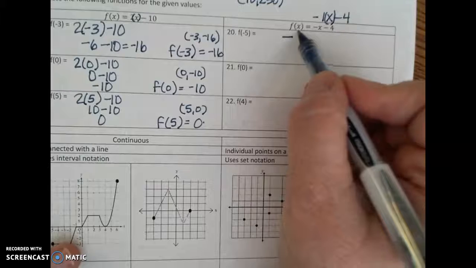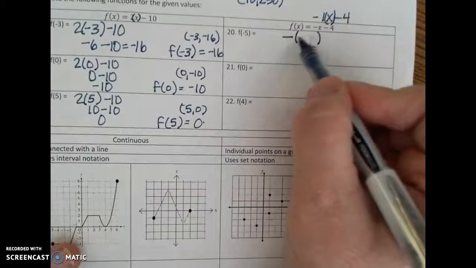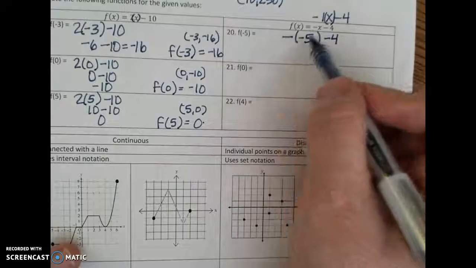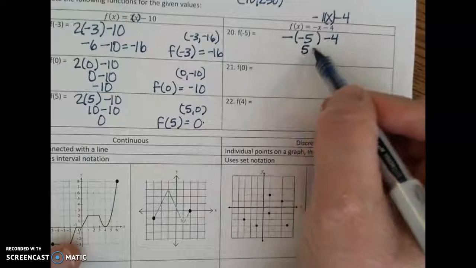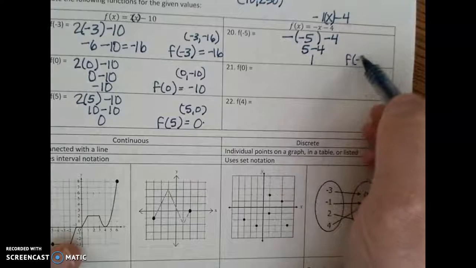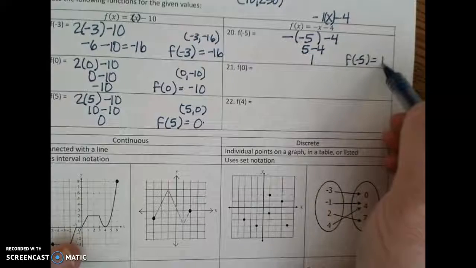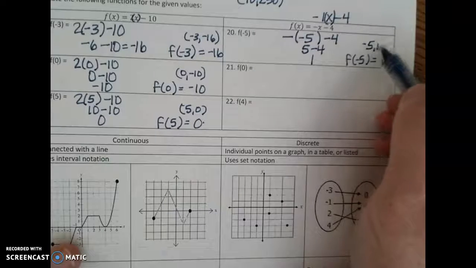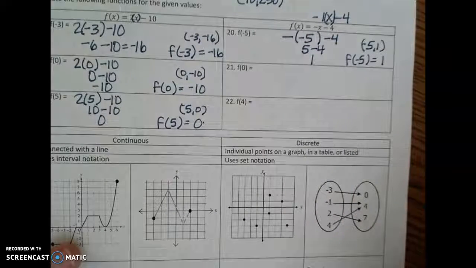So there's the negative, then comes the x, which happens to be -5, and minus 4. -(-5) is +5, minus 4 is 1. So f of -5 equals 1. What that means is the point -5, 1 is on the line.